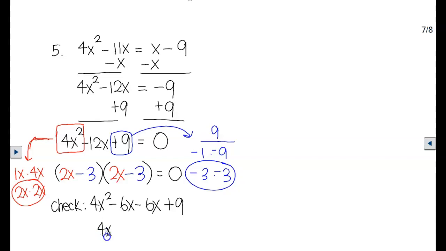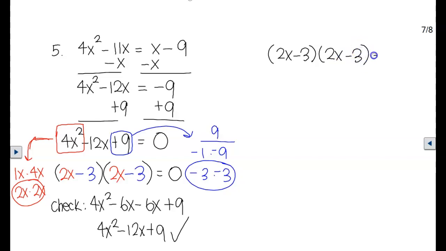Combining like terms gives me 4x squared minus 12x plus 9. And that's what I wanted. So I have factored using guess and check. So we made it look the way we wanted it to. We factored it. And so now here's where we are. We have 2x minus 3 times 2x minus 3 is equal to 0.